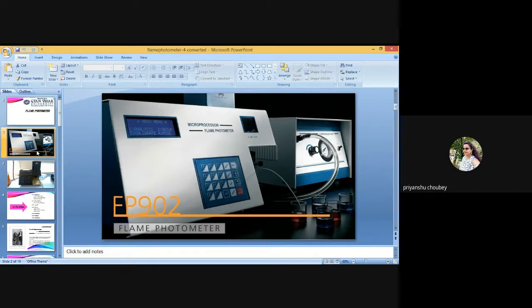The precision and accuracy for sodium and potassium determination using a flame photometer are better than those for calcium and magnesium.